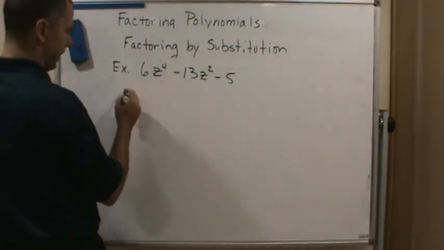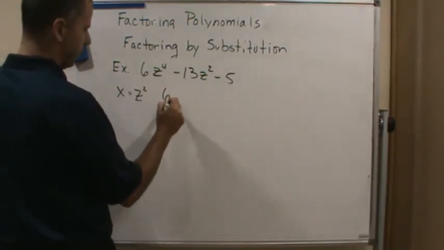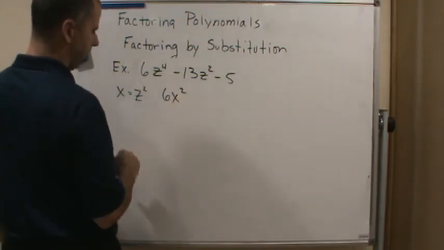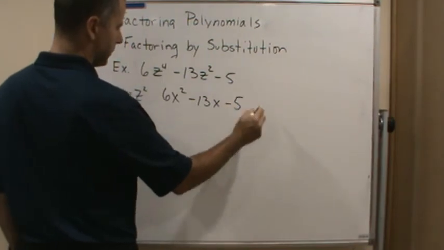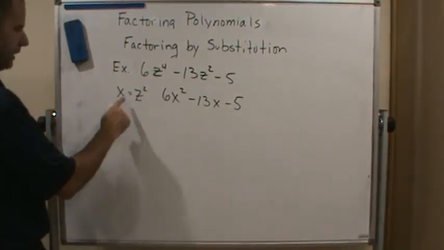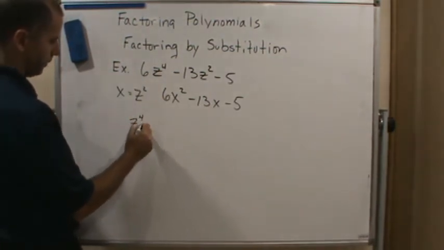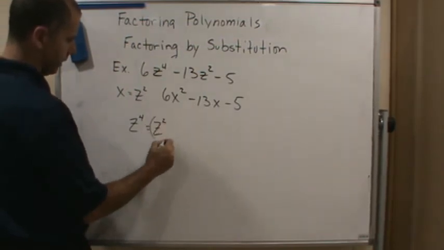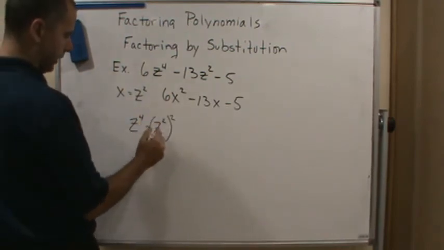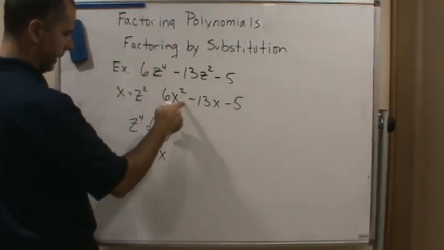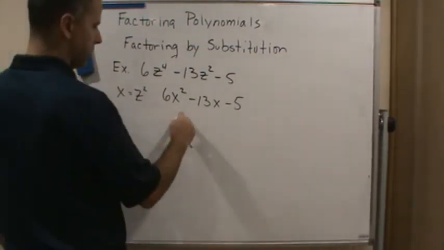So I'm going to make x equal to z squared. So now this will become 6x squared minus 13x minus 5. So all I did was substitute in here. Z to the fourth is the same as z squared squared, right? So then I just put in here x, so I get x squared. That's all I did.